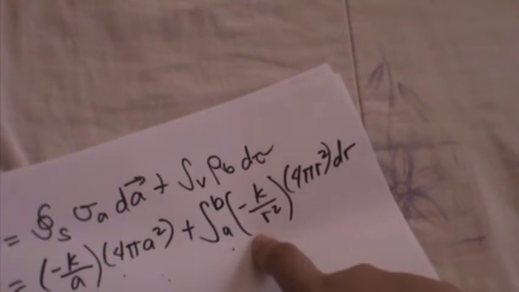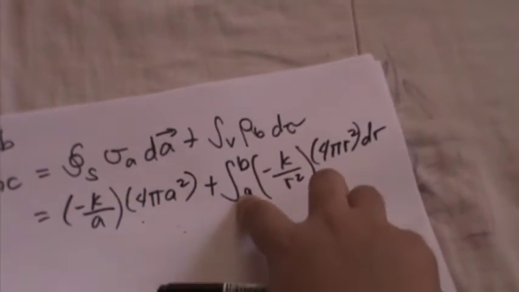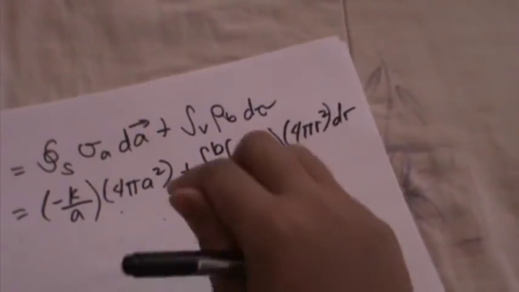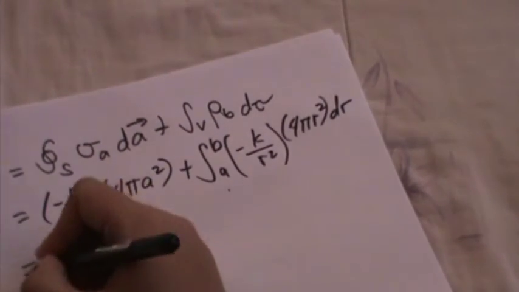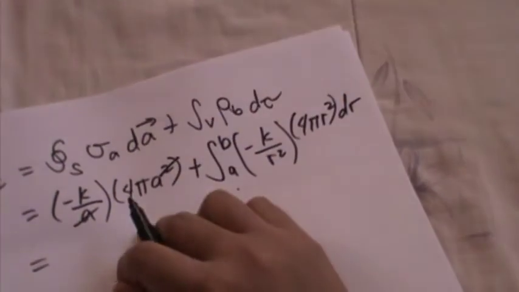Anyway, we'll just substitute it from this potential difference. We'll have to cancel a here, a there.